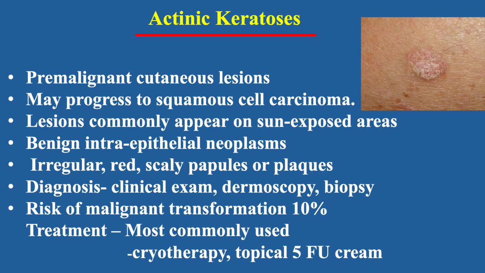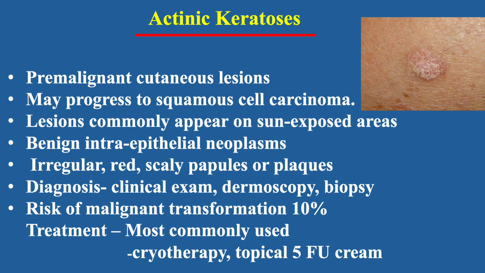Actinic keratoses are lesions that commonly appear on sun-exposed areas of the skin in individuals with a history of cumulative sun exposure. Actinic keratoses typically present as rough, scaly patches on the skin surface resembling sandpaper. These patches often appear pink, red, brown, or even flesh-colored.